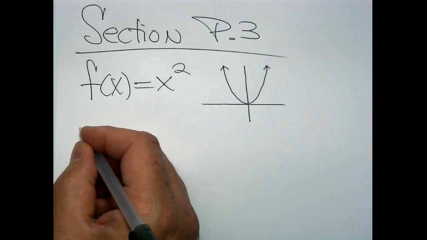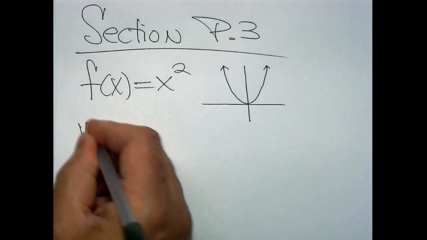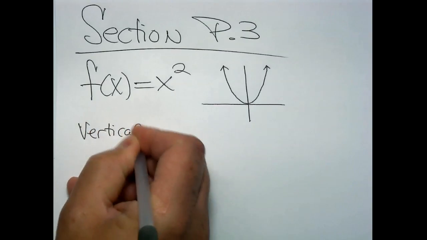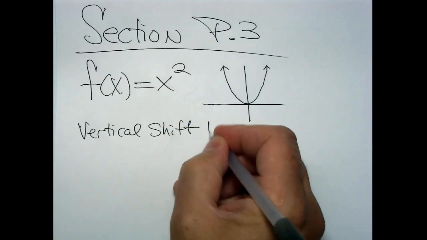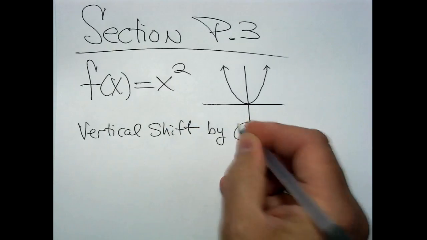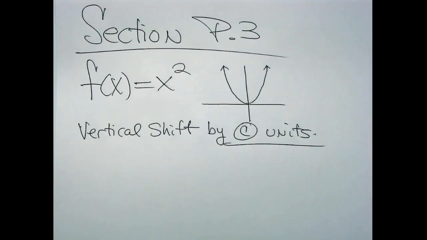The first translation will be up and down. We're going to call this a vertical shift, and this is a vertical shift by C units. This is the easiest transformation we have.